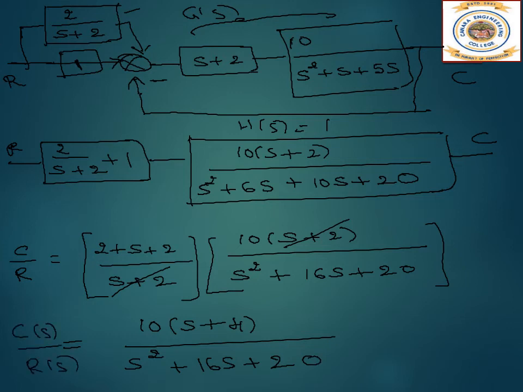But what we require is C of s by E of s. So how to find? We have to do some manipulations over here. We know that E of s is equal to R of s minus C of s in this case, because we have only unity feedback over there.